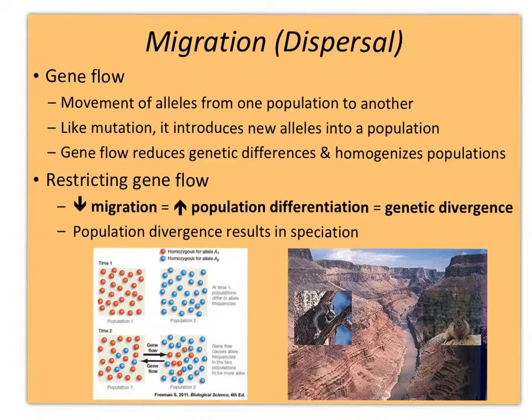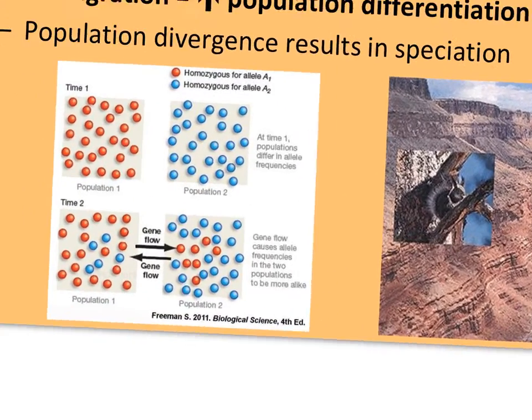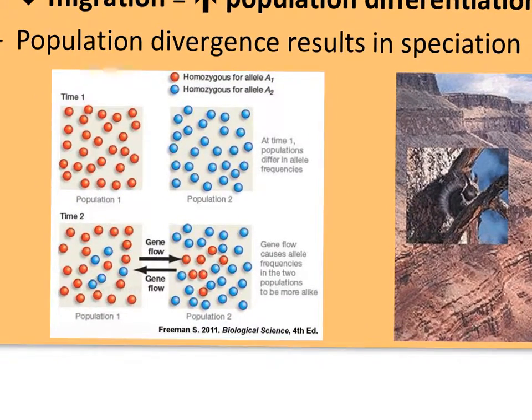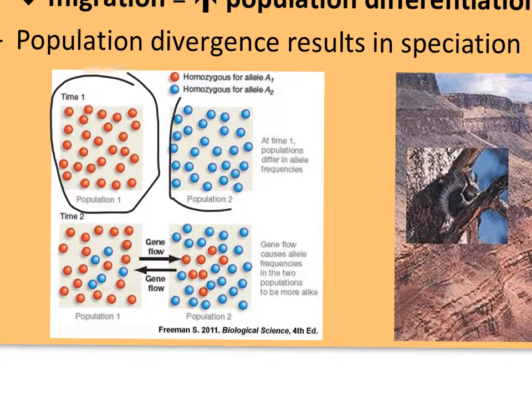So let's take a look at this. Okay, so here we have time 1. We have two populations that are completely homozygous. That means the same allele. In this case, red is A1.